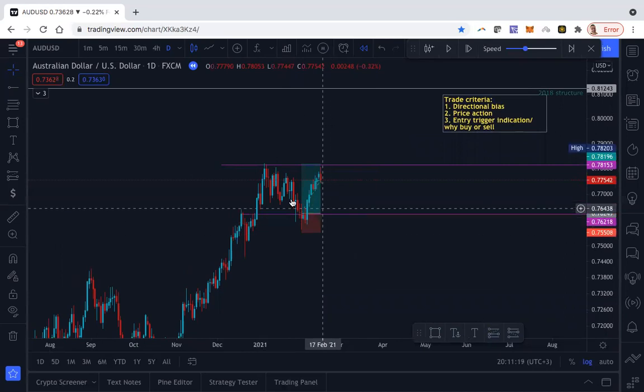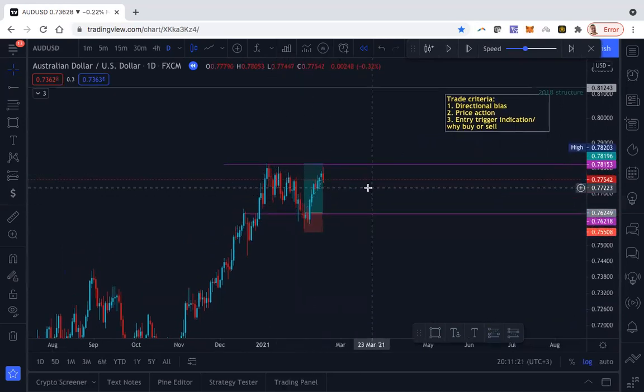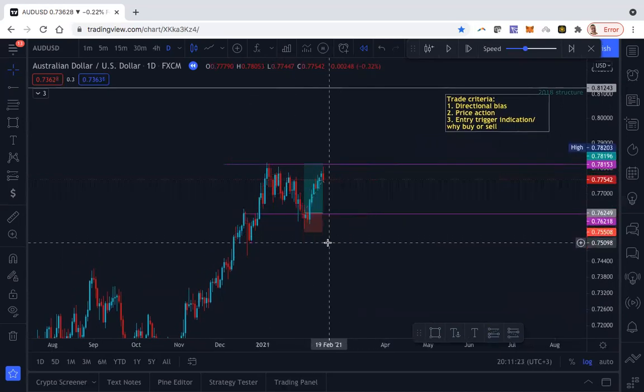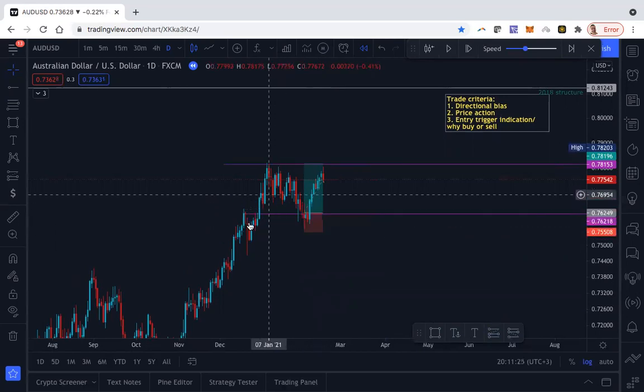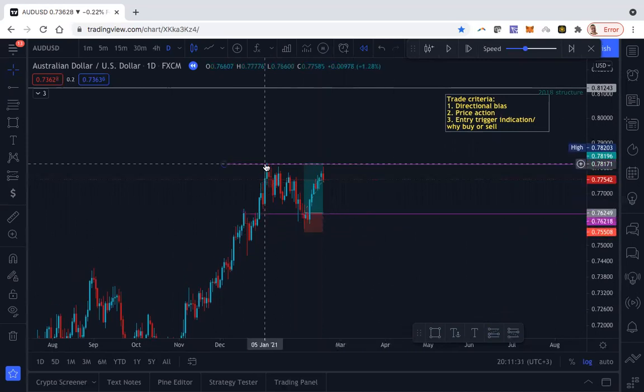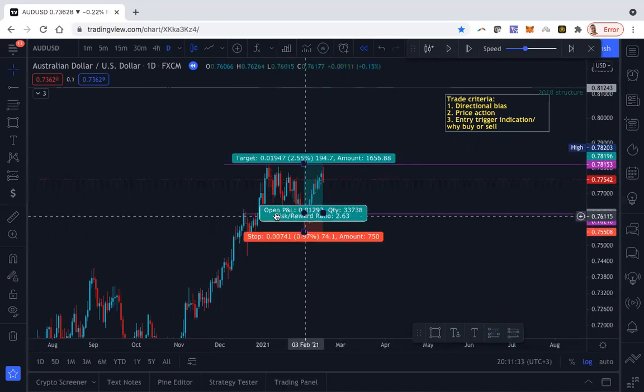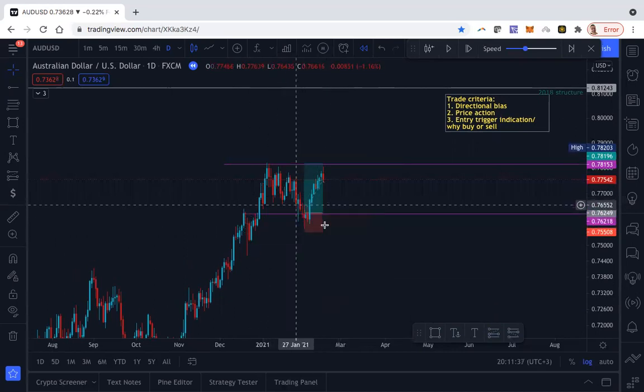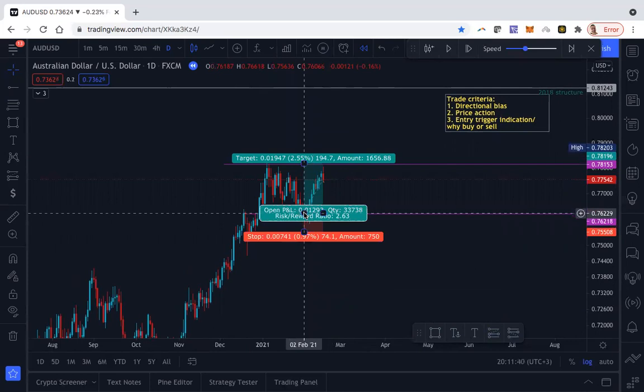But why I actually anticipated a good opportunity here was because when price broke structure here and pushed up, it came back down to this level. Now, this is usually a very high probability setup, a high probability rejection setup, meaning that it's going to come and bounce off.